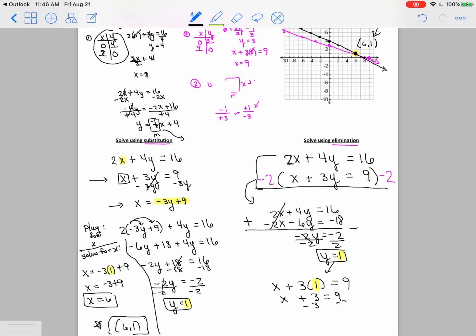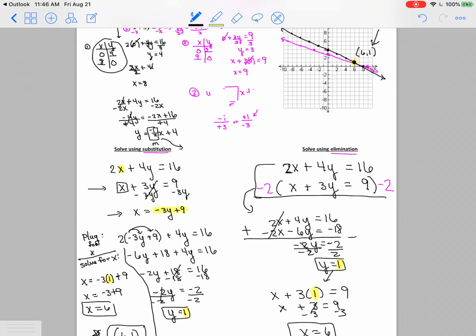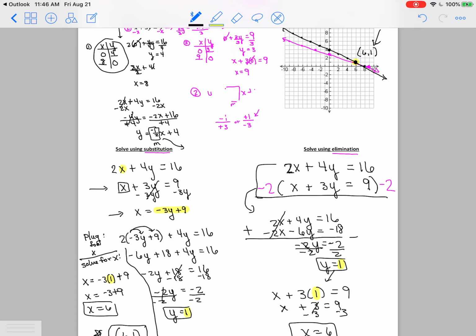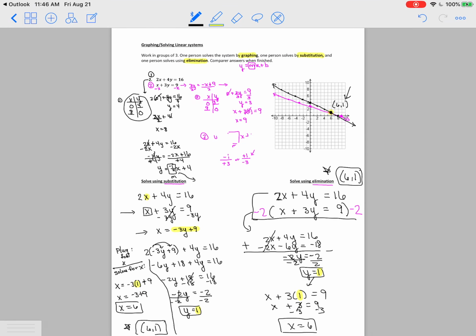And when we use our algebra steps here, we get x is equal to 6. So this is just an indication that we did everything correctly. This solution here is (6, 1) as well, which we're super happy about. So you guys can see that it doesn't really matter which way you choose to solve, you will be getting the same ordered pair as a solution.